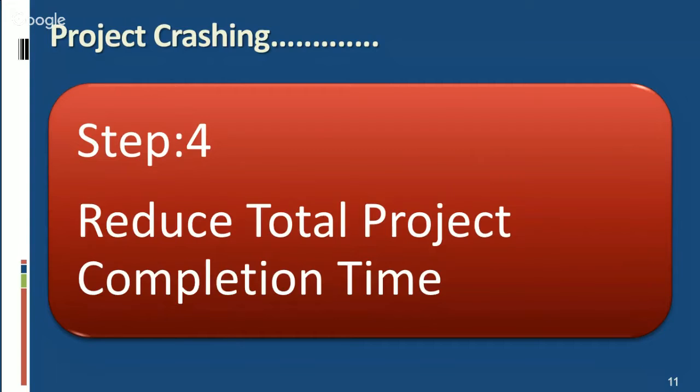It is a very important step. Once again, for reducing total project time, you have to identify and crash an activity time on critical path with lowest cost slope to the point where another path in the network becomes critical or the activity has been crashed to its lowest possible time.